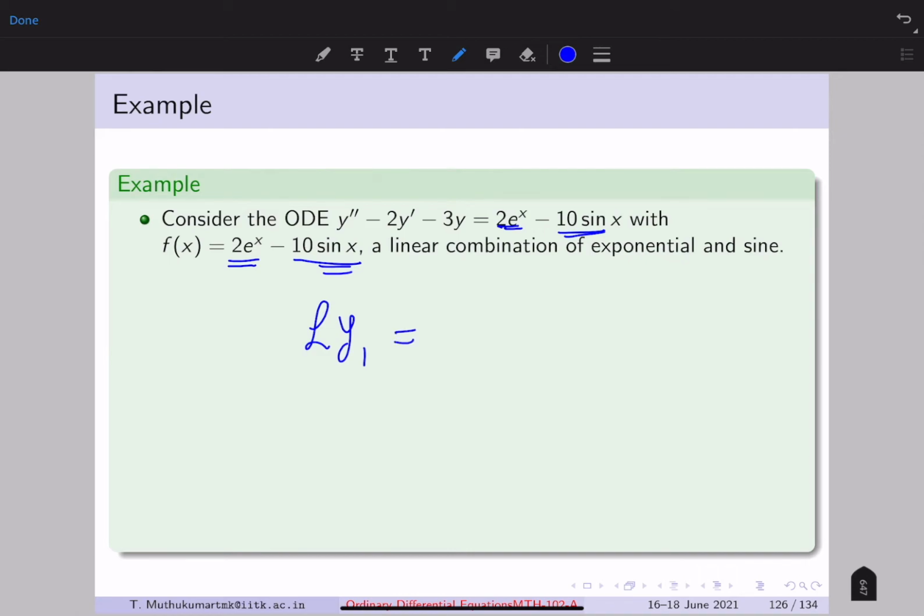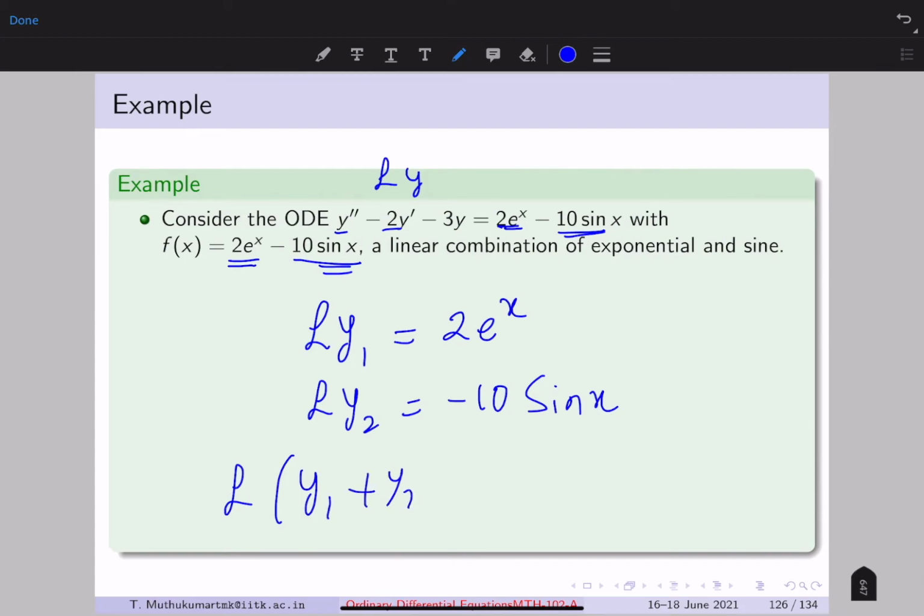Ly1 is equal to 2 e power x, where L is this operator, whatever is given here. Suppose this is your Ly. So if Ly1 is this and Ly2 is minus 10 sine of x, then by the linearity of L, L(y1 plus y2) is 2 e power x minus 10 sine x.